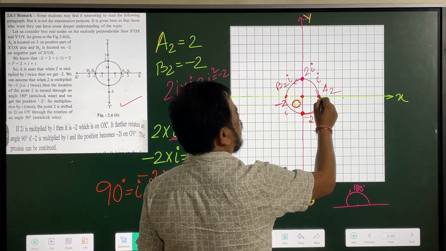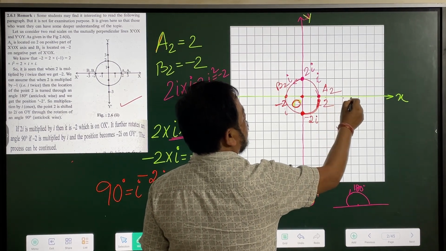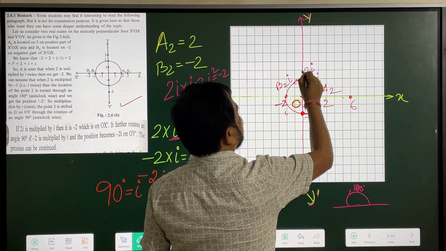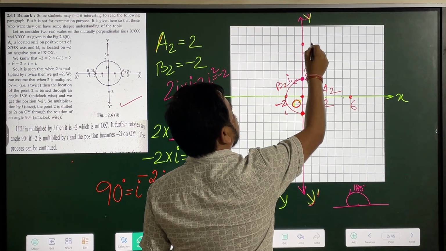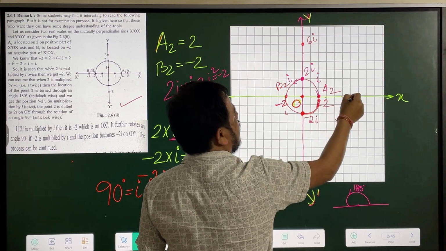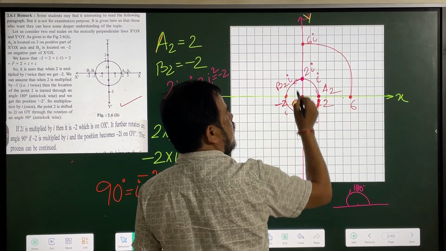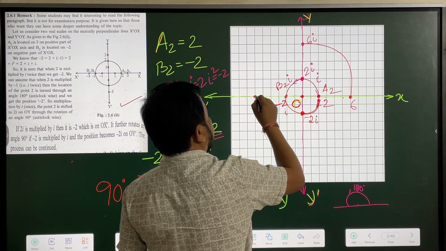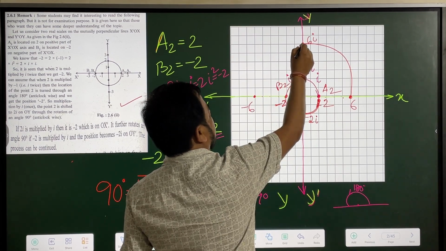Here suppose 1, 2, 3, 4, 5, 6. This is 6. So this is 6i. Then 1, 2, 3, 4, 5, 6. This is -6.